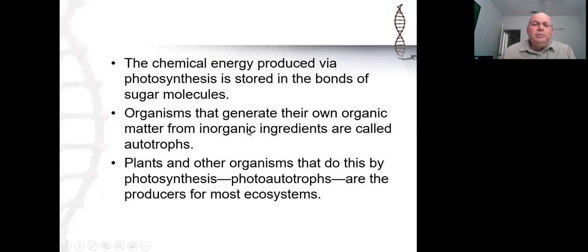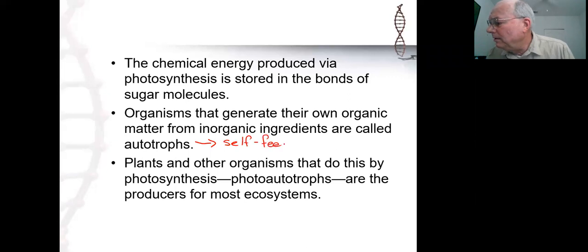So we need to recognize that all organisms can be split into basically two different types of organisms. Autotrophs, which are those that can make their own organic molecules, their own food molecules, and the term autotroph, as you can see it written here, means self-feeding.